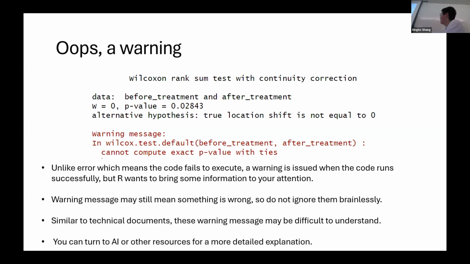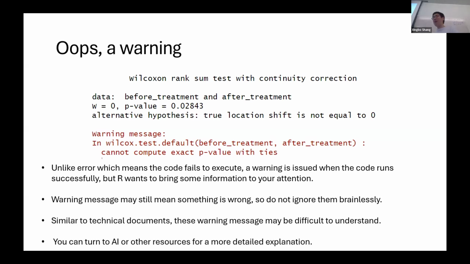Again, that's something like every word you can understand, but when they connect together, you can no longer understand it. So first, if you see a warning message, it means your code runs without any problem, because otherwise it would be an error rather than a warning. But still, warning, do not then say, oh, my code runs, everything works.